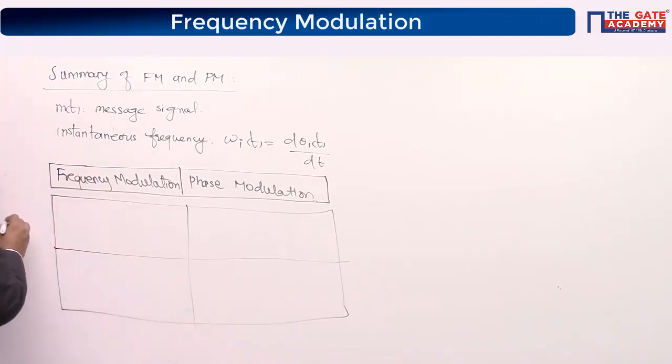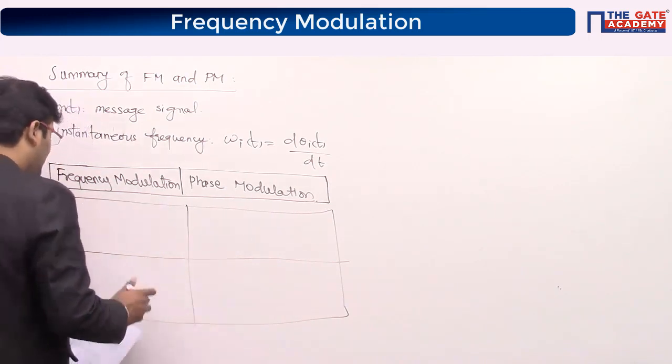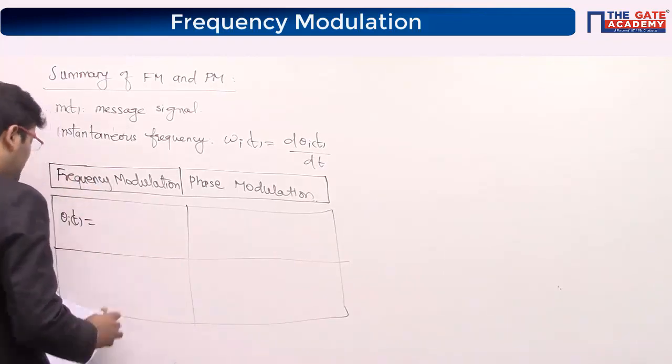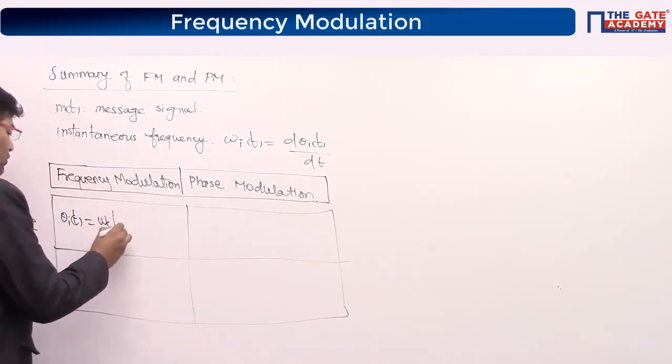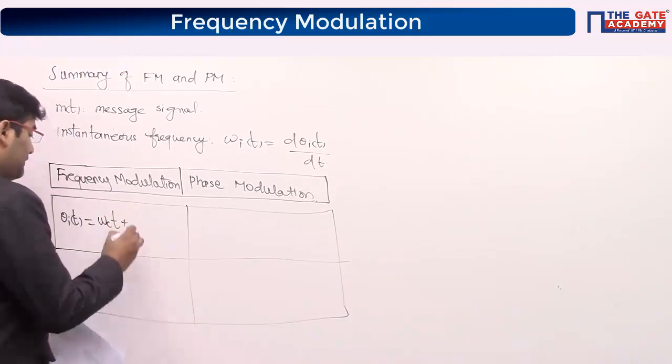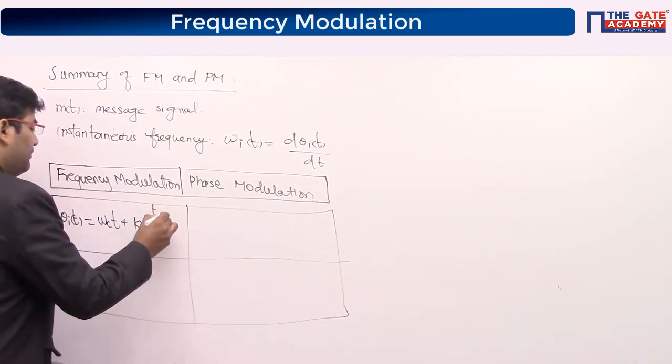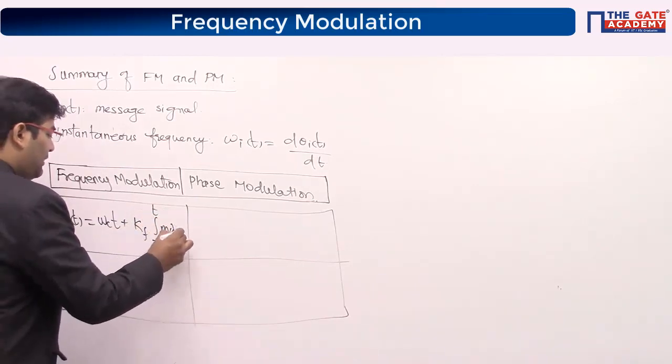So this is your angle and this is your frequency. We'll write the equation in terms of angle and frequency both. First, we know that theta_i in terms of angle for frequency modulation looks like theta_i equals omega_c t plus k_f integral of m(lambda) d lambda.